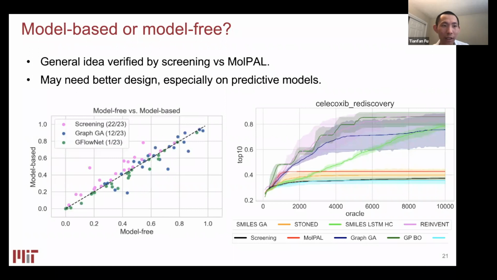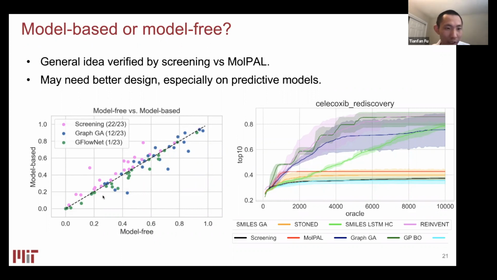We also conduct the comparison between model-based methods and model-free methods, where each point represents a task, and the x-axis represents the model-free performance, while the y-axis represents the model-based performance.